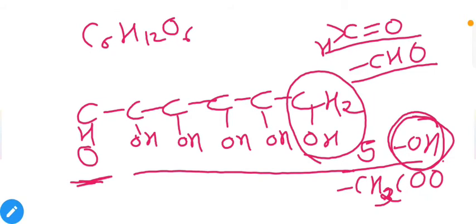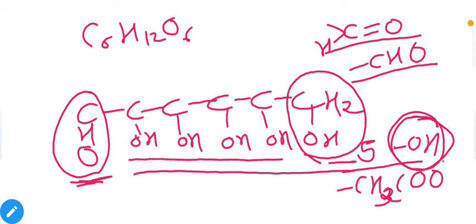On oxidation with a stronger oxidizing agent, this primary alcoholic group as well as this aldehydic group will be converted into COOH group. Now all of these 4 carbons present at the center require 1 hydrogen to complete their valencies. So let us put 1 hydrogen with each. So this is our basic structure of glucose.